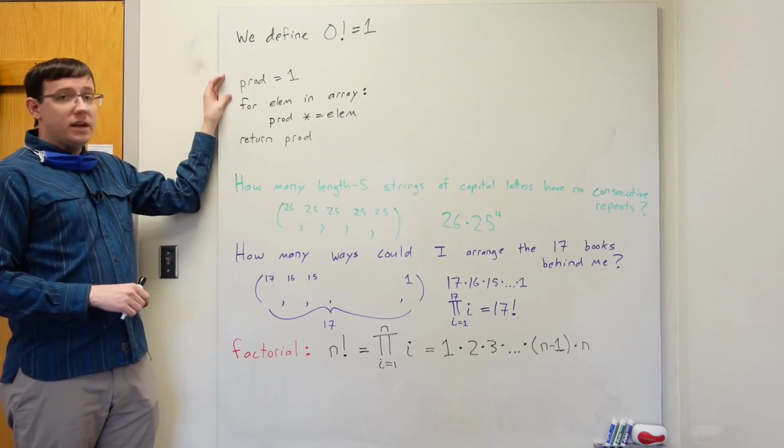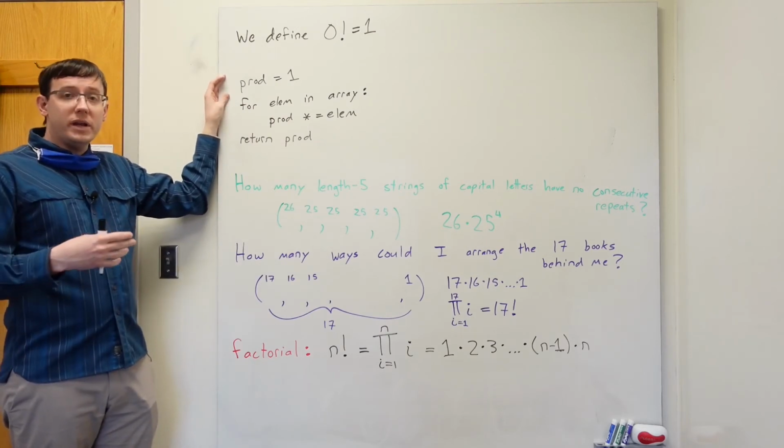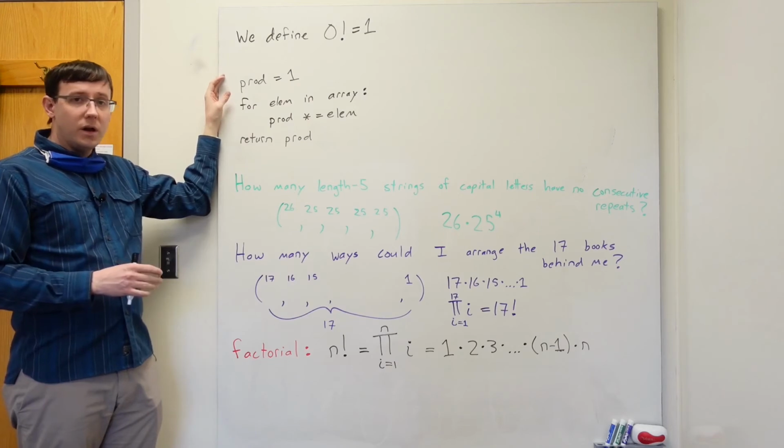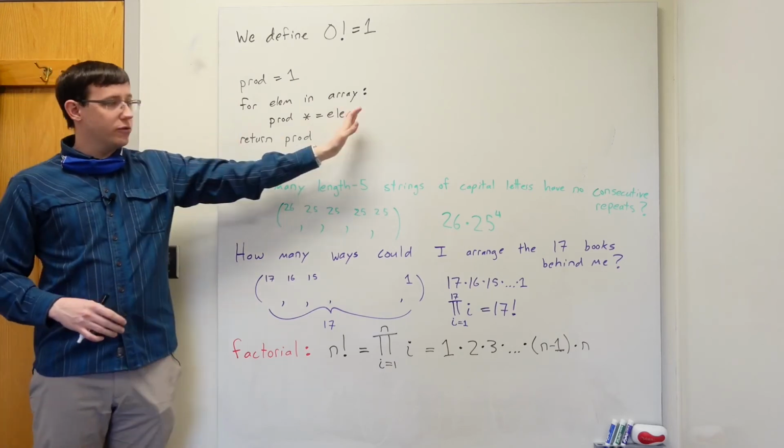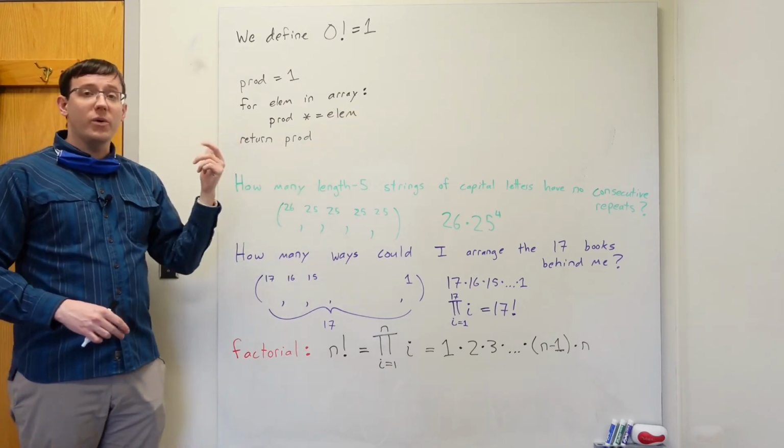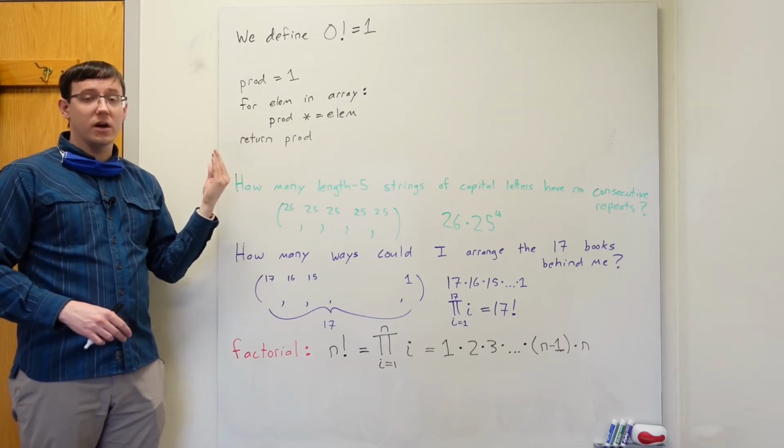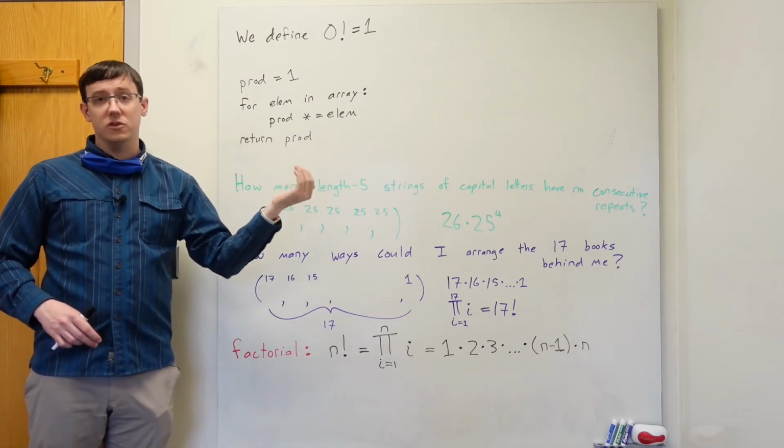And by initializing our intermediate product variable to 1, we ensure that as we go through the elements in the list, we always have a correct product of all of the elements so far.